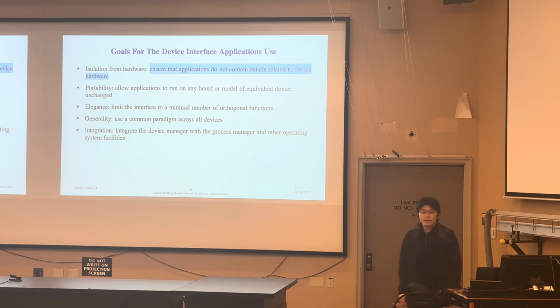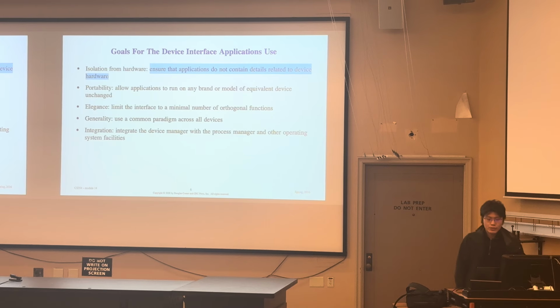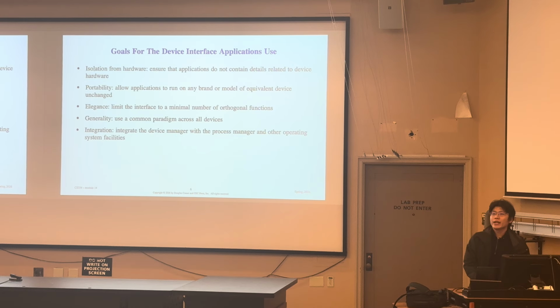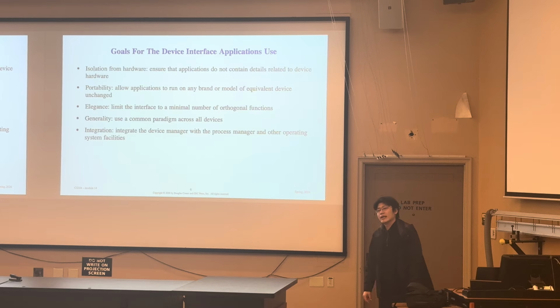Why is this important? So this isolation is really an implementation level isolation. You want the application to be able to use your device without knowing the internal details, the hardware features of your device.